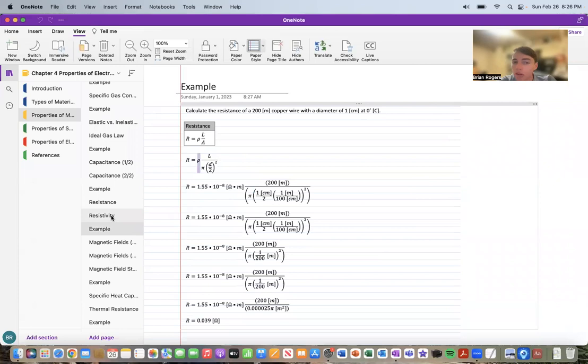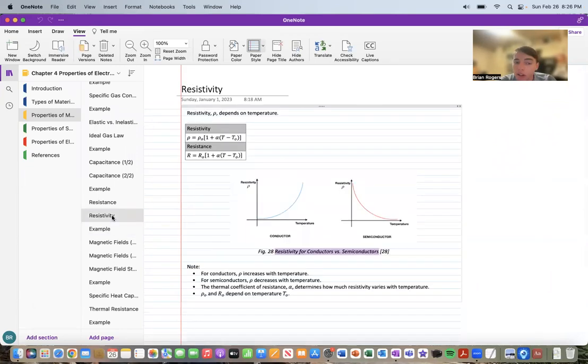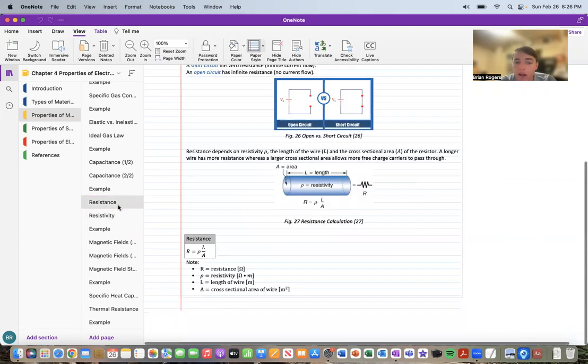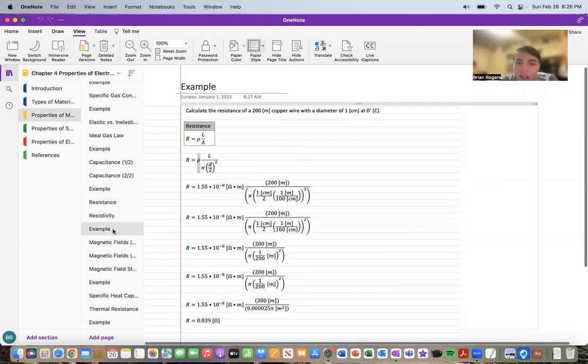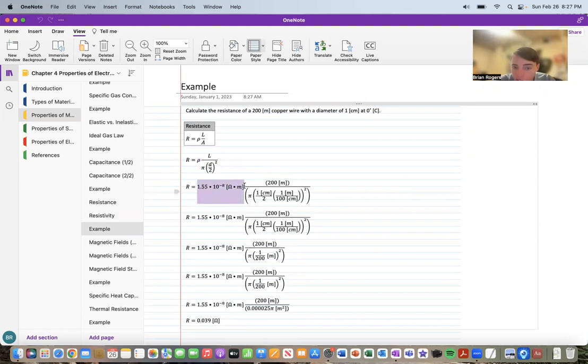I don't see that right now, but do we know the resistivity of copper? That's a big thing. If you look this up online, the resistivity of copper is 1.55 times 10⁻⁸ ohm-meters. And the length of the wire, they did tell us the length, 200 meters. So we got 200 meters here.